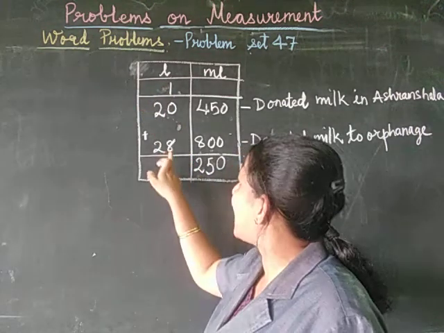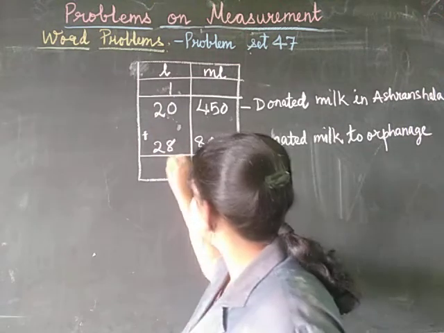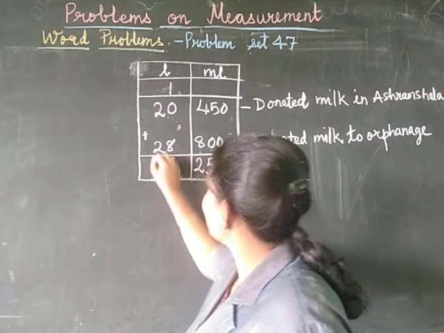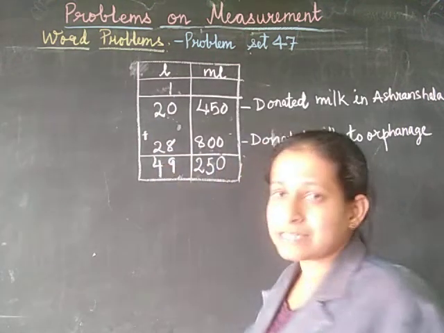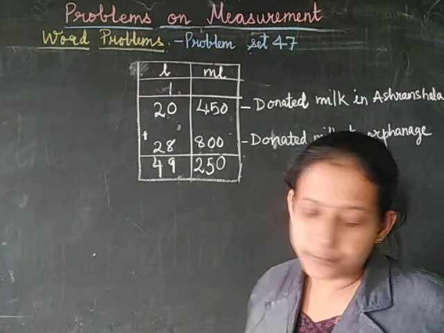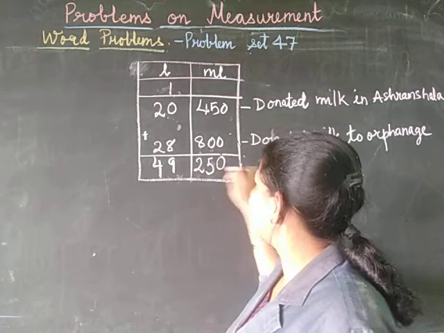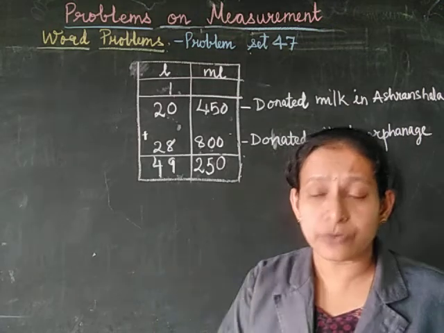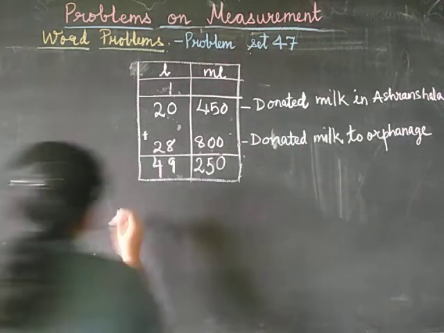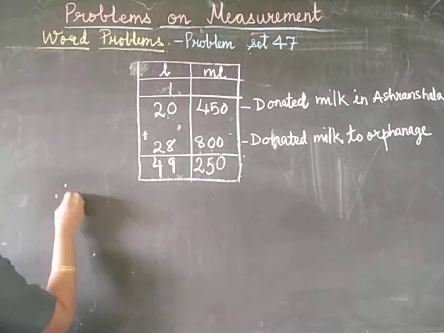Now you add 8 plus 1 becomes 9 and 2 plus 2 becomes 4. So in all, Ajay donated 49 liters 250 milliliters. Now how are you going to write this? Here you have to write it in the form of a statement.